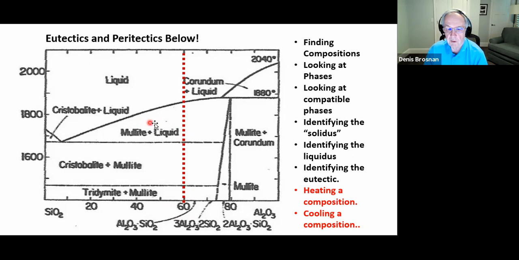You can judge the amount of liquid and the amount of solid by something called the lever principle, which is really beyond what we need in this course, because typically in firing a ceramic, we can only tolerate a certain percent of liquid. If we get a large percent of liquid, the shape that we've made is going to collapse. It's going to deform, and we'll make a product that's obviously not saleable. So typically in firing ceramics, we like to get just a little bit above eutectic temperature of whatever system we have in order to make that ceramic sinter.